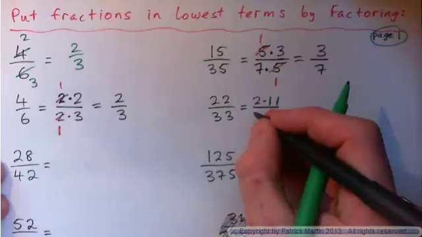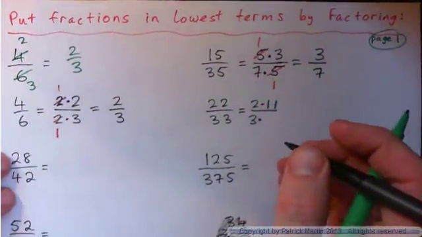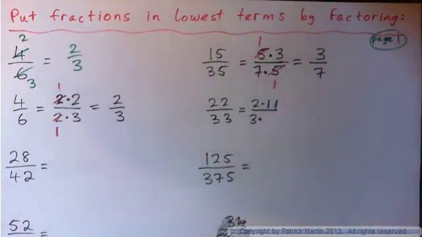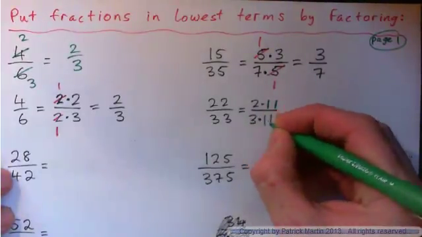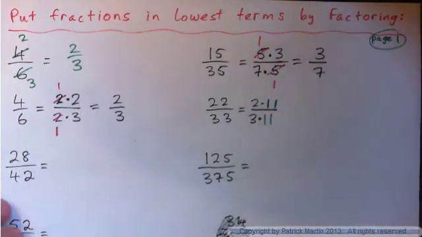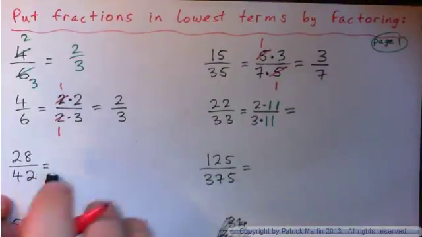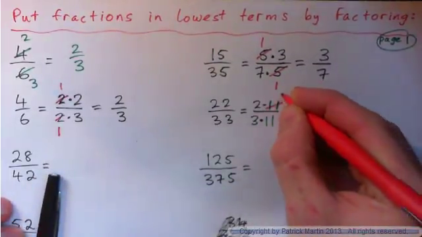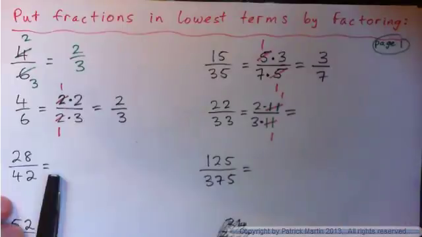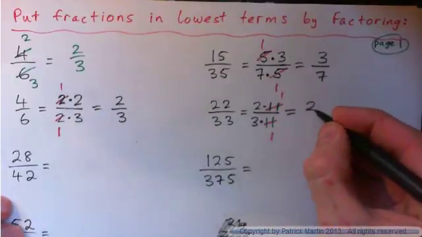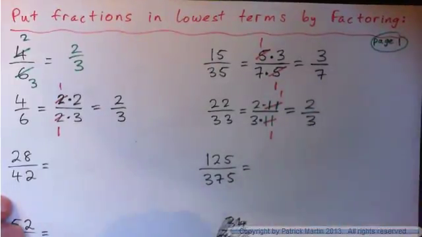So if we factorize 33, it'll be 3 times something. 3 times what gives 33? 3 times 1 gives 3, and 3 times 1, so 3 times 11, right? And so you can cross cancel the 11s. See that? So you get 2 times 1, 2, over 3 times 1, 3, 2 over 3, right?